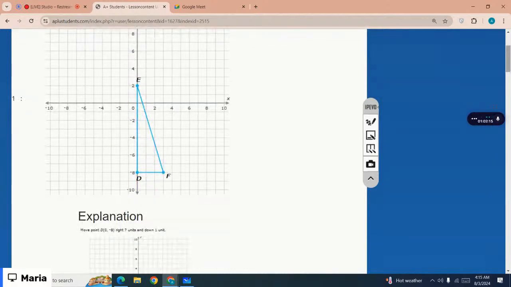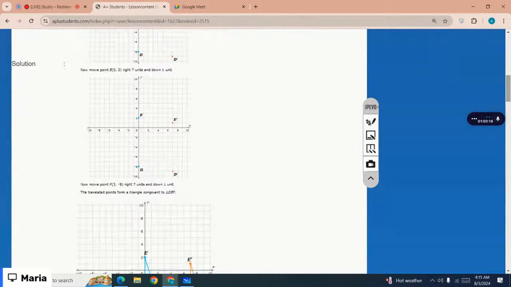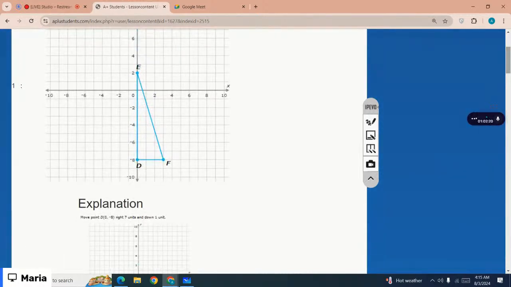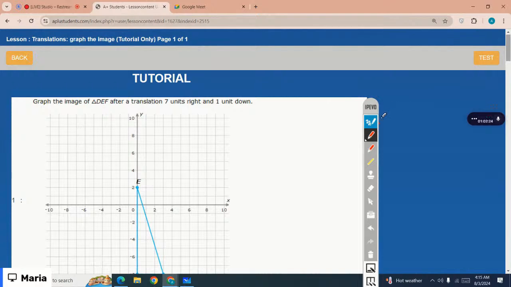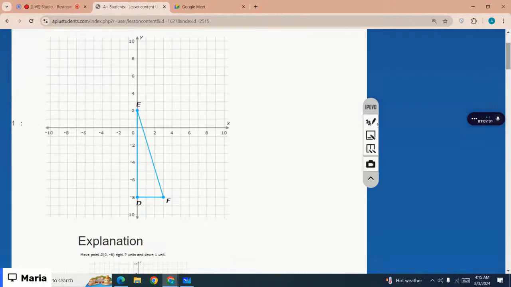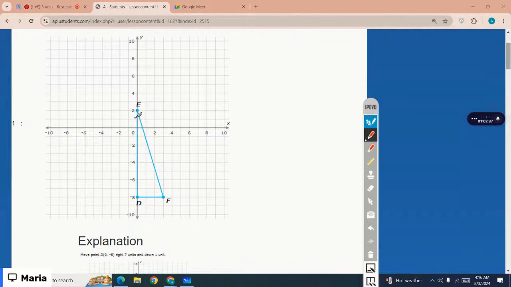Translation means you're going to move this triangle. First you need to move 1 unit down from here to here. Then 7 right. 1, 2, 3, 4, 5, 6, 7.